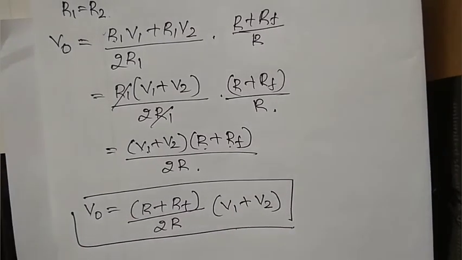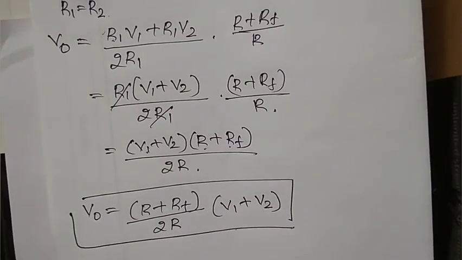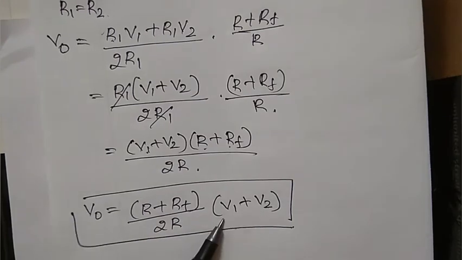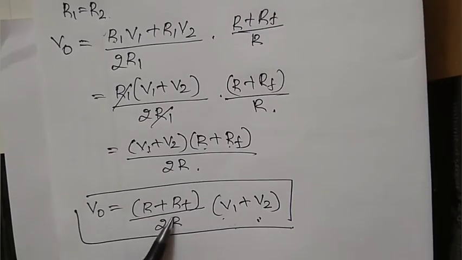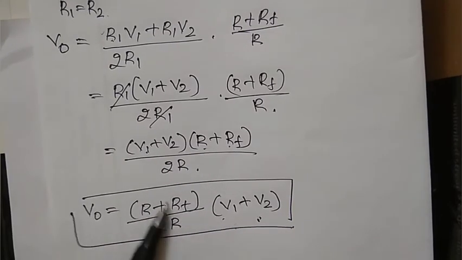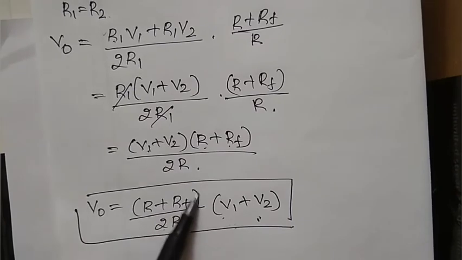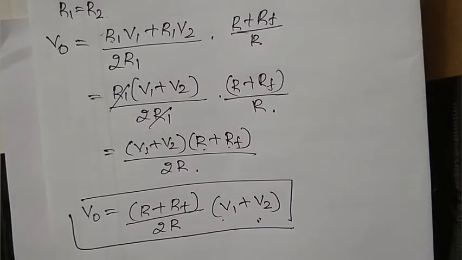So this is your output voltage that depends upon the two added input voltages, V1 plus V2. R plus RF by 2R is the parameter that will be multiplied. It means it is the gain of your circuit, right?